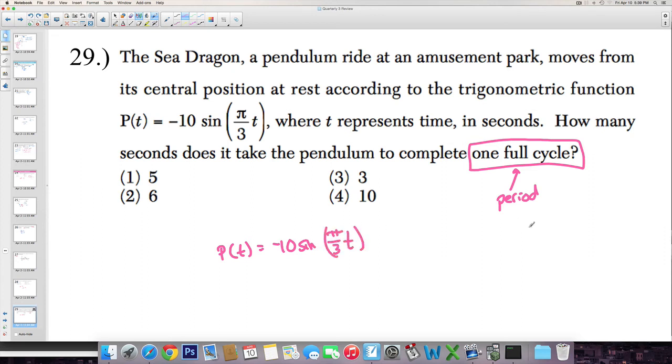So to find the period, it's 2 pi divided by your frequency. So in this case, our frequency is pi over 3. So 2 pi divided by pi over 3. When you go ahead and do that, you wind up getting 6. So if you're having trouble with dividing fractions, just put it in your calculator, you'll get 6.